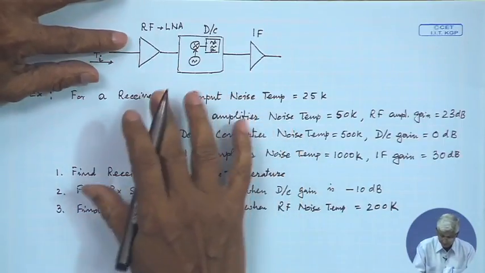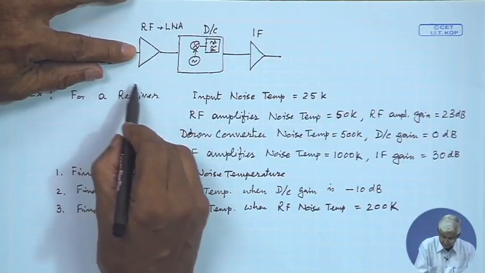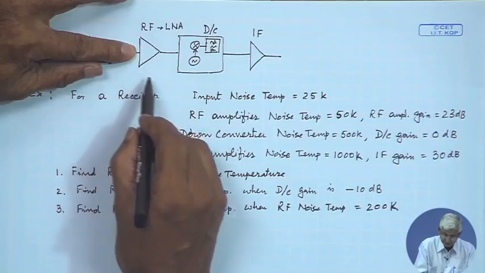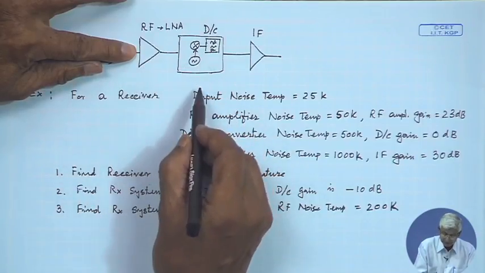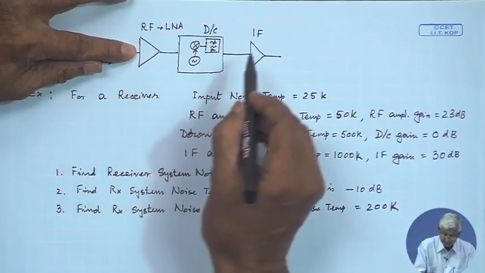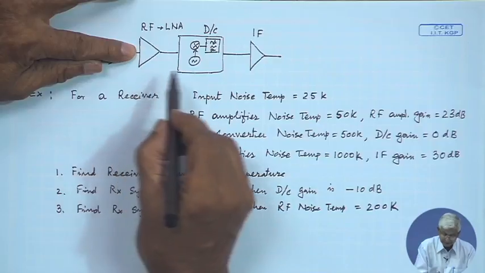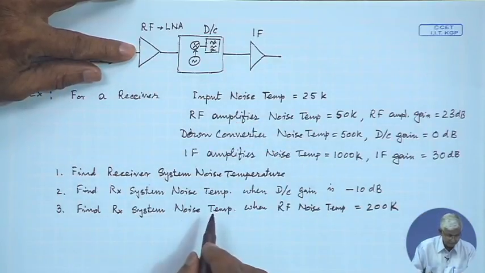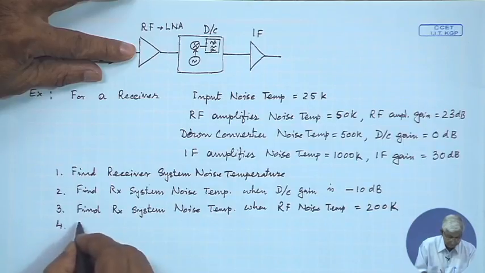As it is, we know that if this noise temperature is high, the effective noise temperature of the total system will be high, because it is this plus the second stage divided by the gain of the first stage, plus the third stage noise temperature divided by the gain of the first and second stages, and so on. But here you will find it with numbers.